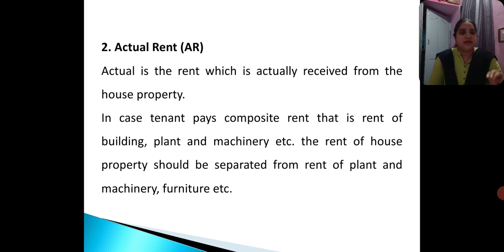The rent of the house should be separated from the rent of the plant, machinery, etc., and the rent for the house should be considered at the time of calculating the actual rent.